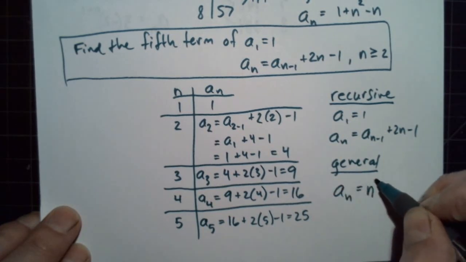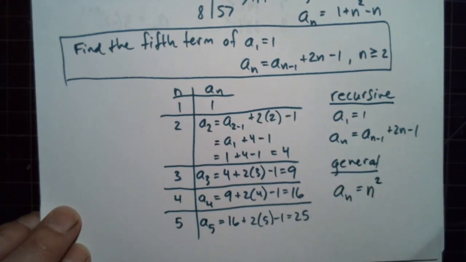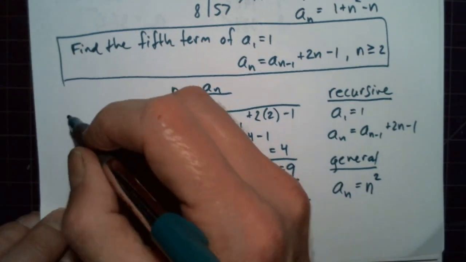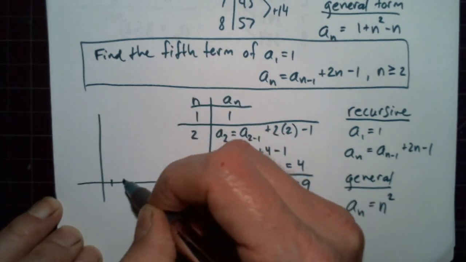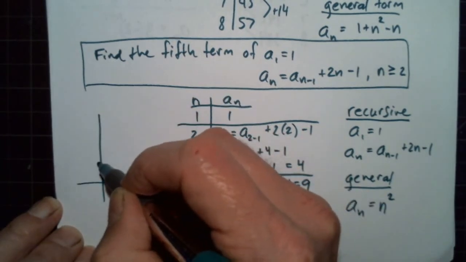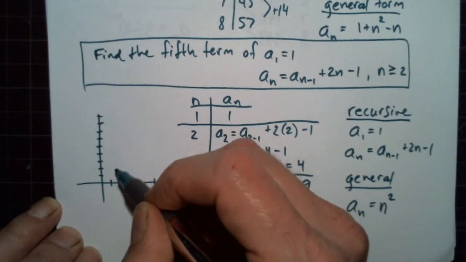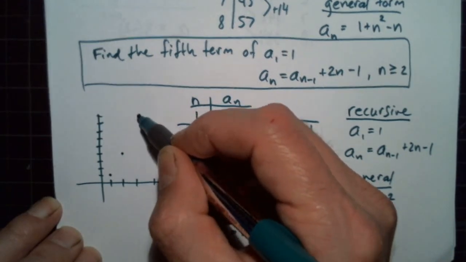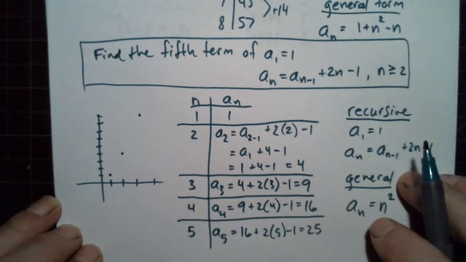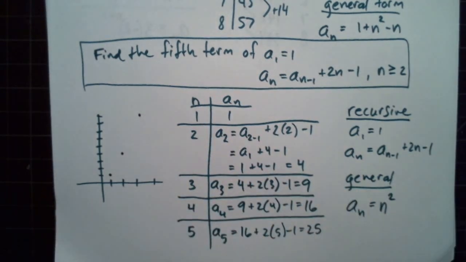We see what the pattern is. It's just square whatever n is. And we can also graph that. 1, 1, 2, 4, 3, 9. And we don't connect the points.